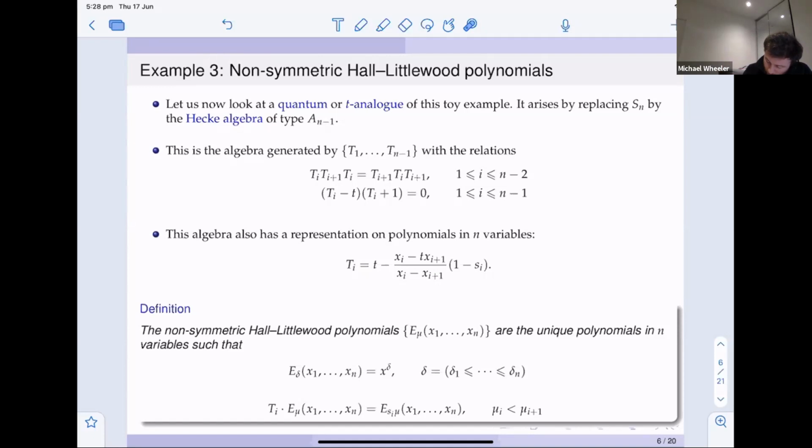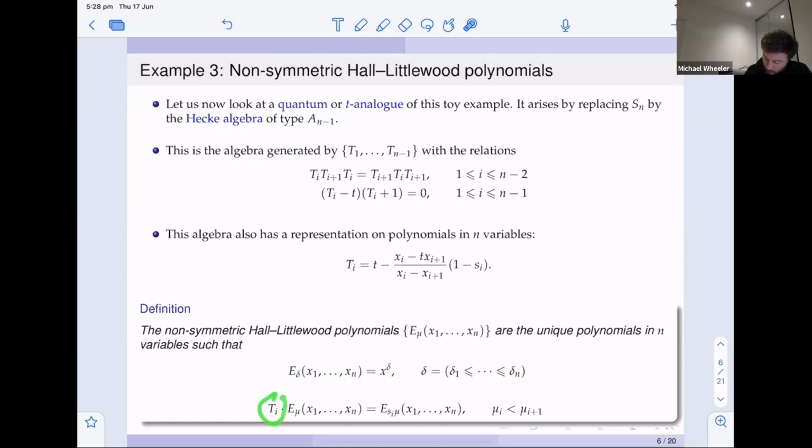They're defined recursively. So you have that E_delta is equal to the monomial x^delta. That's exactly the same as the example we just saw. So that's when delta is weakly increasing.